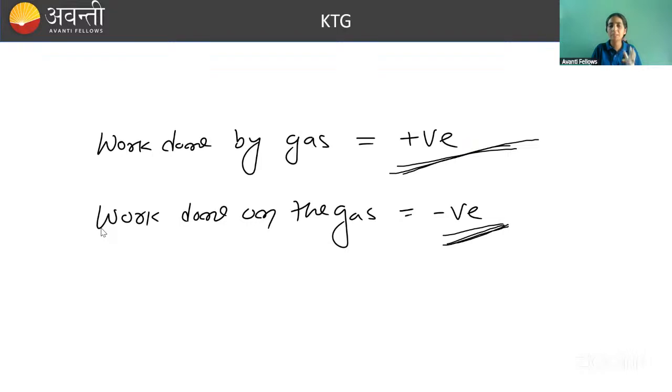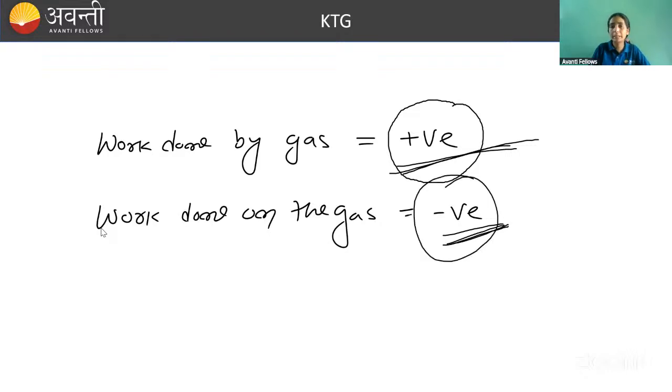Negative. Always remember this sign convention is just opposite with what you must have studied in your chemistry classes. So this is opposite. In physics, our interest is to get work done by the system. And that is why whenever work is getting done by the system, that work done is positive, and when we are doing work on the system, it is negative.